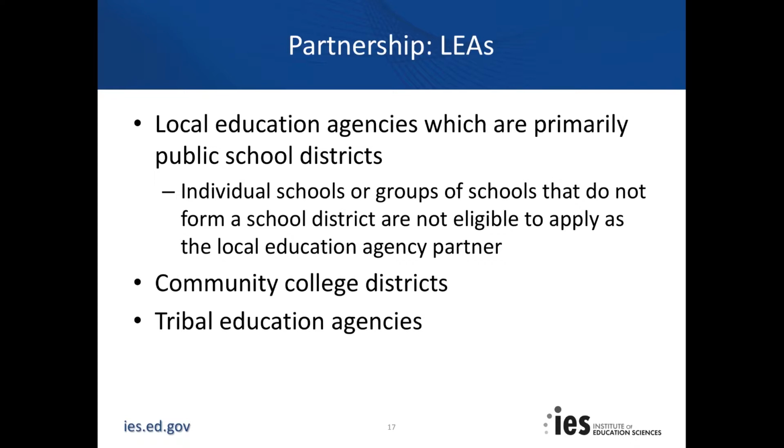There are several types of organizations that can be useful partners but cannot serve alone as the agency partner. Intermediate districts, sometimes called service districts, provide service to multiple districts but do not have decision-making authority over implementing programs and policies. However, they can serve as an agency partner if they do oversee the program or policy.